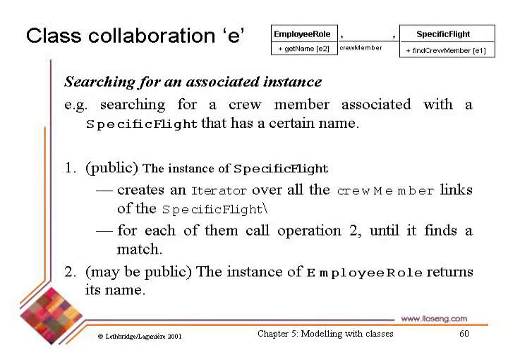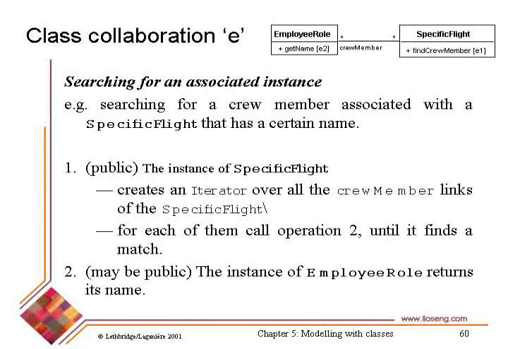We've got a flight. We're going to be iterating over all of the links to employee role, and as we go through each of the roles, we're going to be saying, does the name from get name match the argument to find crew member? If it does, return it. If not, keep going. So loop through all of these, the asterisk crew member, the multiple instances of employee role attached to the flight.